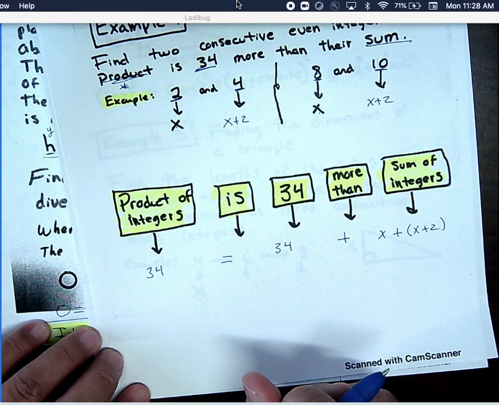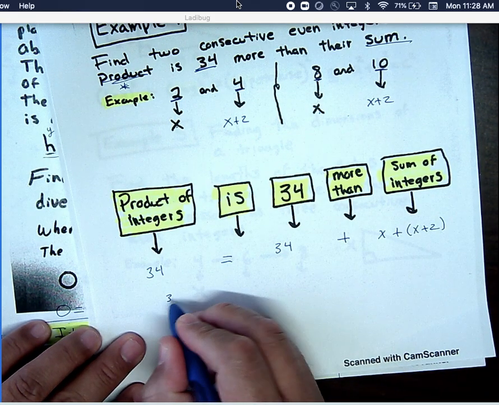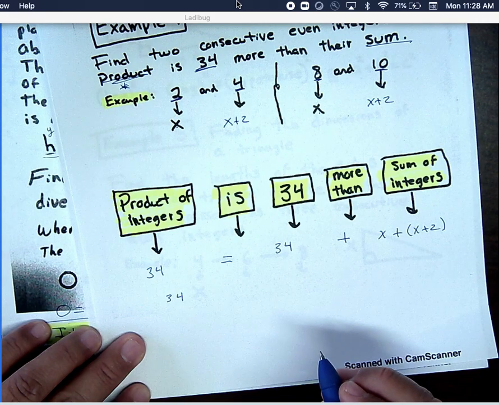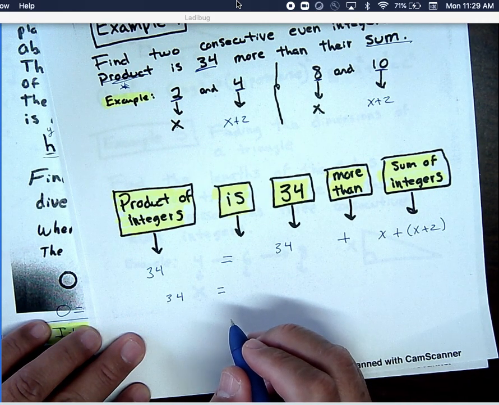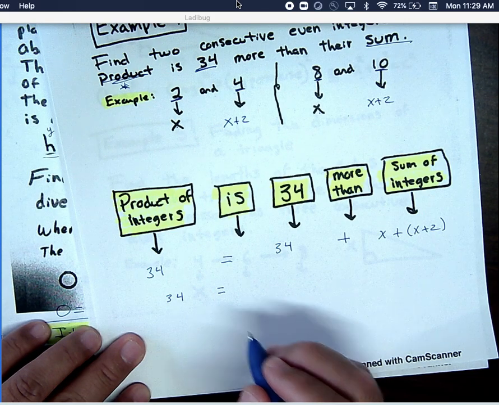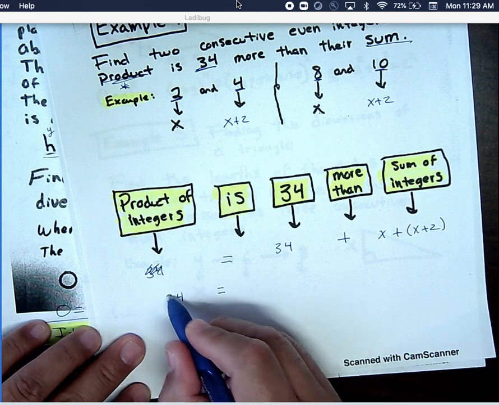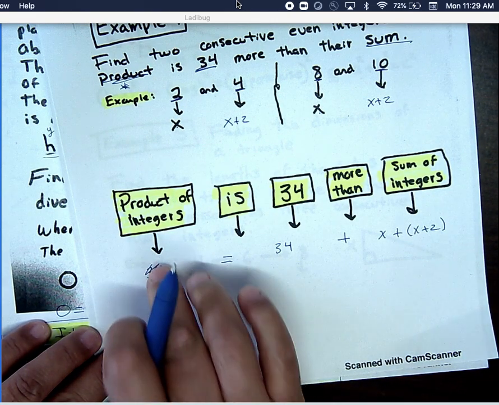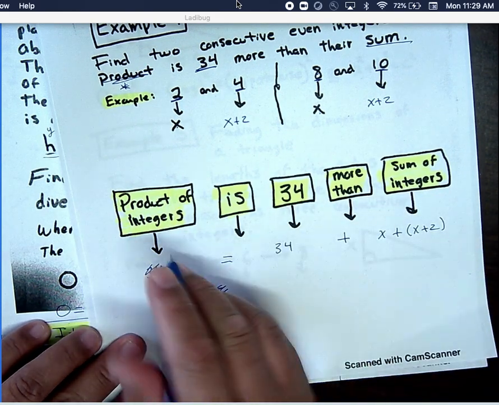So you end up with, on this side, 34 equals... I think I made a mistake here. I'm not going to use 34 even though I said it. Here I misunderstood, sorry guys. This part is right: the product of the integers.